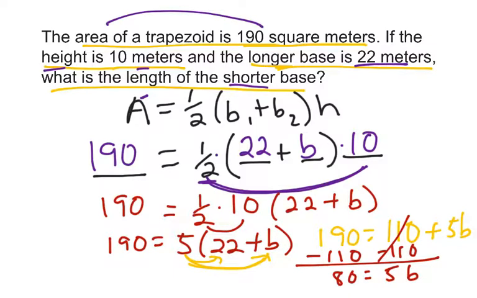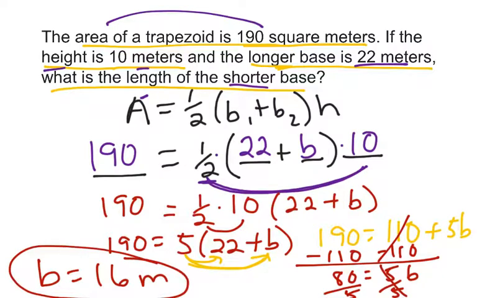You might already know what 5 times a number is to get 80, but it's always a good idea to divide both sides by 5 to isolate the b. So we get a base of 16 meters. In this case, we had to use the distributive property.